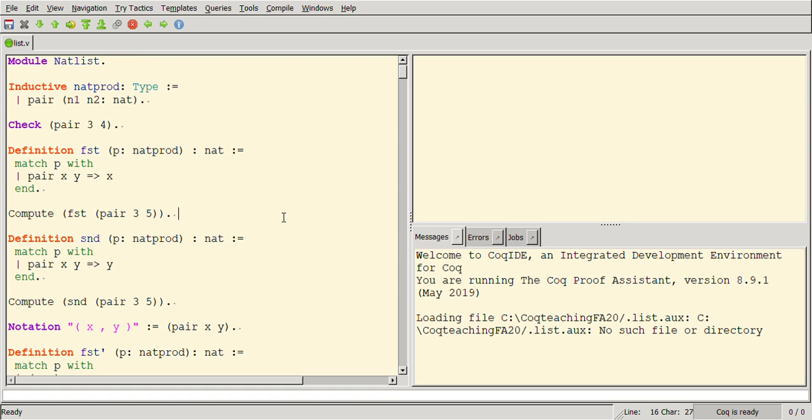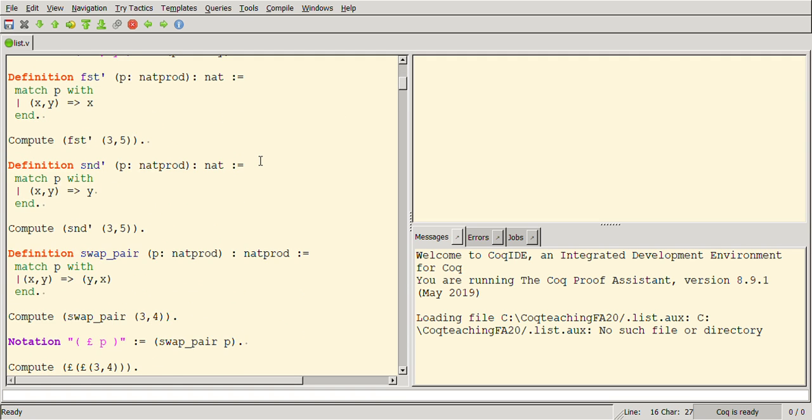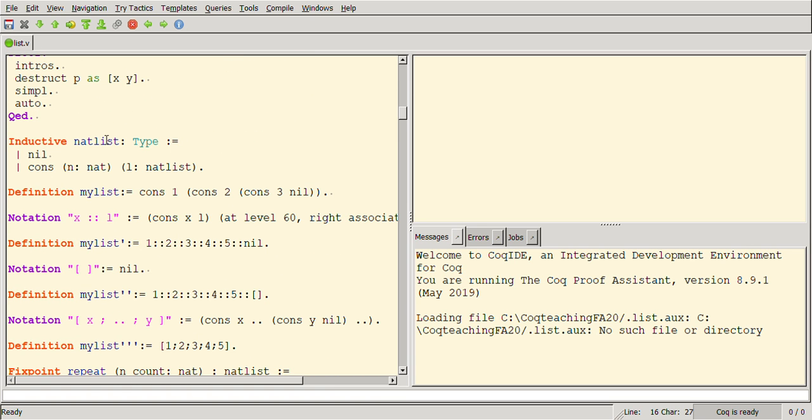In this library list.v, the natural number product and a number of functions on it have been defined, and then nat list, which is a list of natural numbers, is defined. This list is given the name nat list. This is a special list, not a generalized form of list. We will see some generalized forms of list later on.